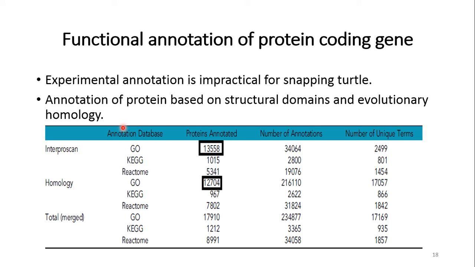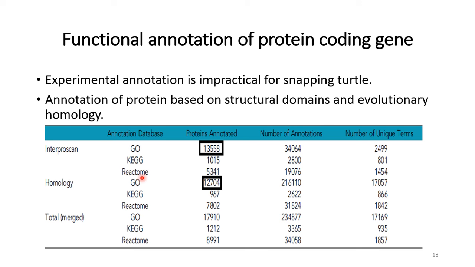So, to capture both conserved and divergent structure and functional elements, the authors used InterProScan, and GO, meaning gene ontology terms, KEGG pathways, and Reactome.